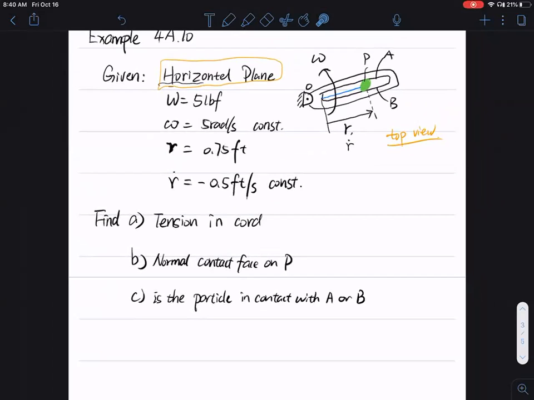All right, this problem can be solved by using the 6-step approach. I want you to talk to each other and see how you would apply those 6 steps to this example. You can work with each other on this example.